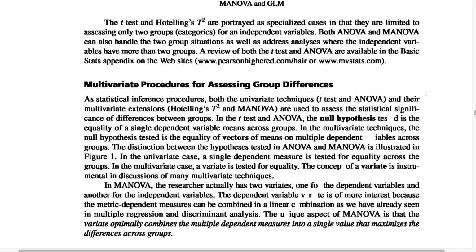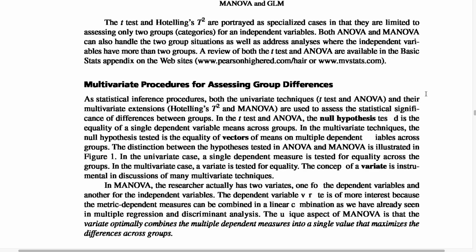In the univariate case, a single dependent measure is tested for equality across the groups. In the multivariate case, a variate is tested for equality. The concept of a variate is instrumental in a discussion of many multivariate techniques. In MANOVA, the researcher actually has two variates, one for the dependent variables and another for the independent variables.